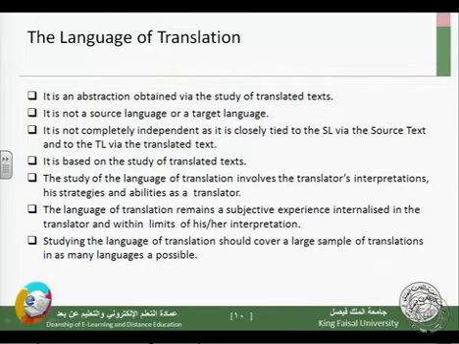The translator's abilities are such and such, or the translator's interpretation of this language or this culture is such and such. So you base your studies on a large sample of translations of as many languages as possible.